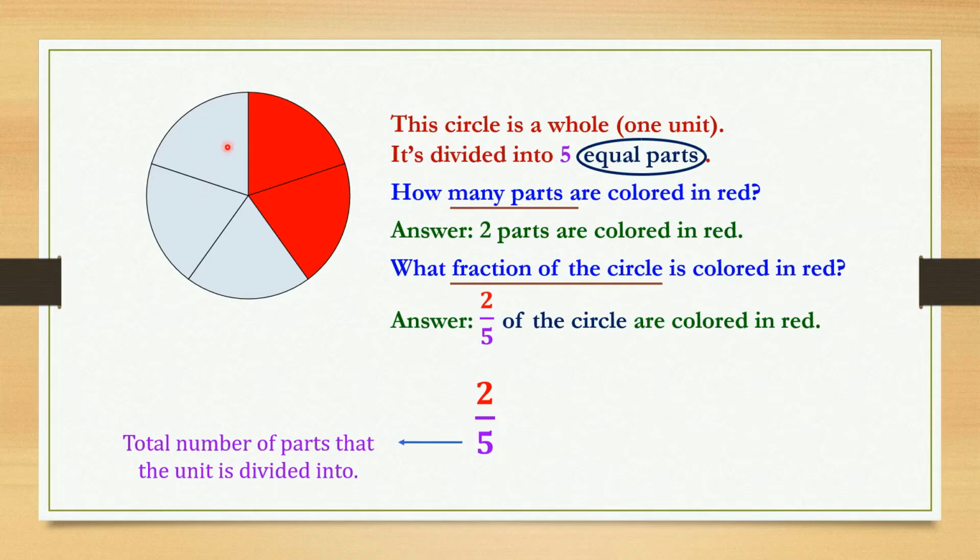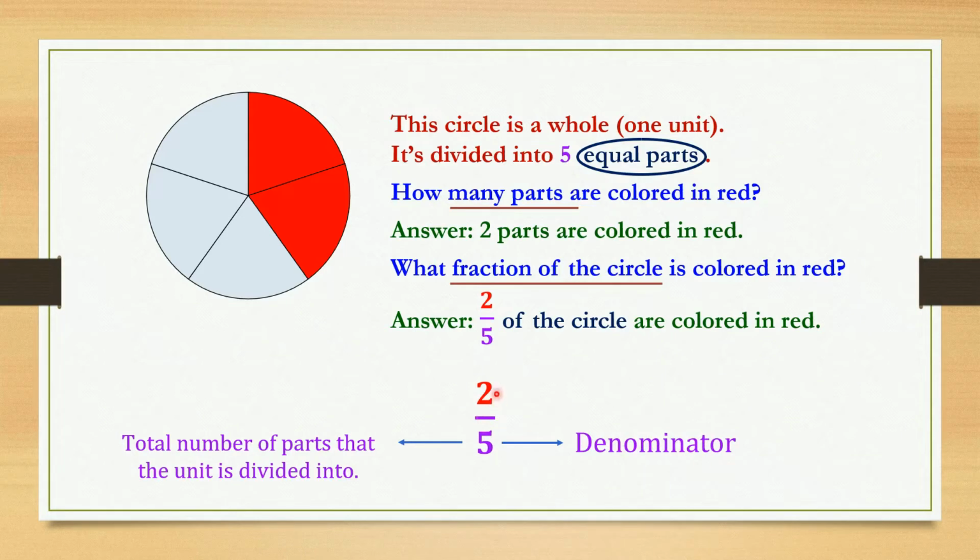This circle is divided in total into 5 equal parts. So the 5, we call it the denominator. It represents the denominator of this fraction 2 over 5. So this is a new word that we need to know and memorize, the way we spell it and write it.